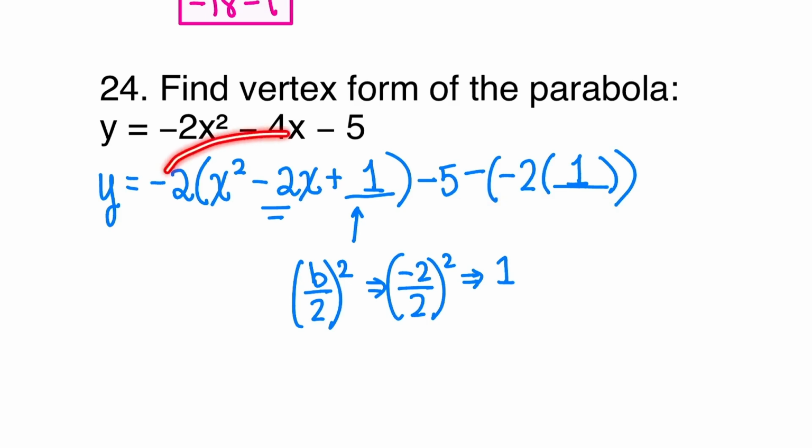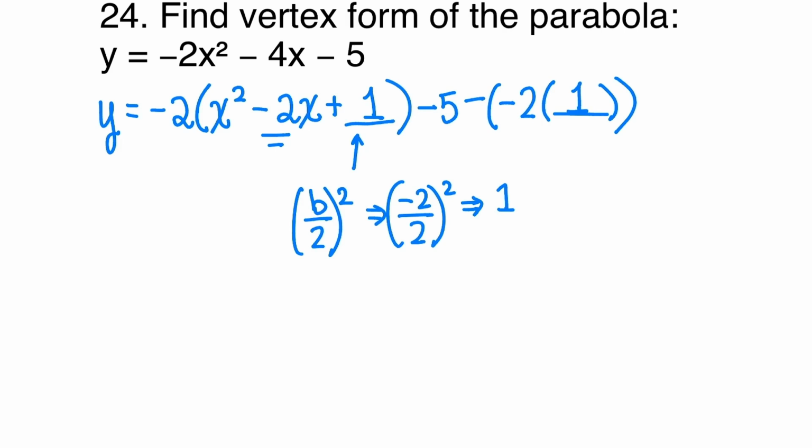If we were to distribute this 2 in, it would be a negative 2. That's why I have these two negatives out here, because we are subtracting a negative 2 times 1. So this would become a positive. This is a negative, so we're not changing the value of the equation. We are simply rewriting it in a way that is more easily identifiable for the vertex.